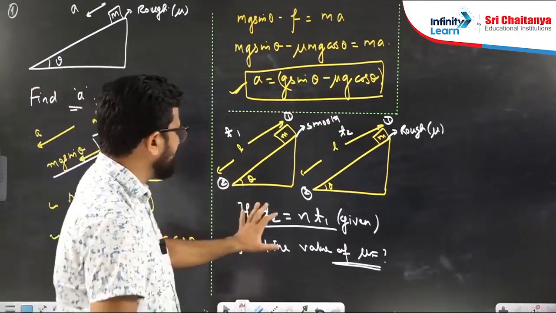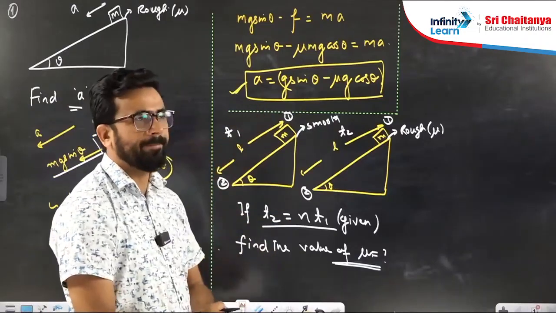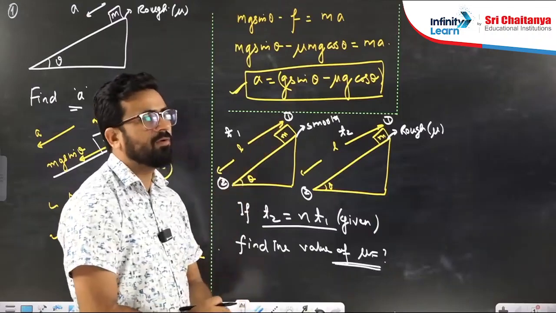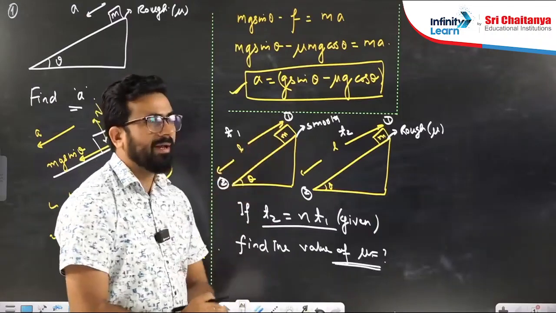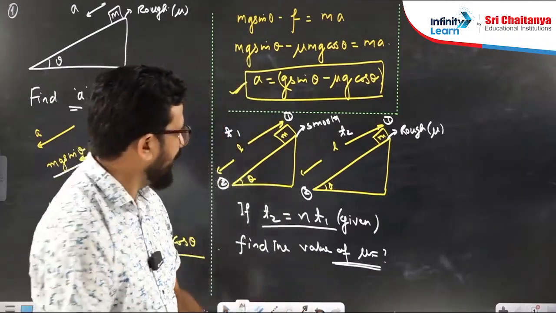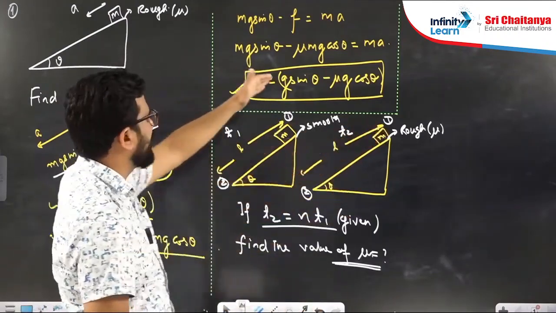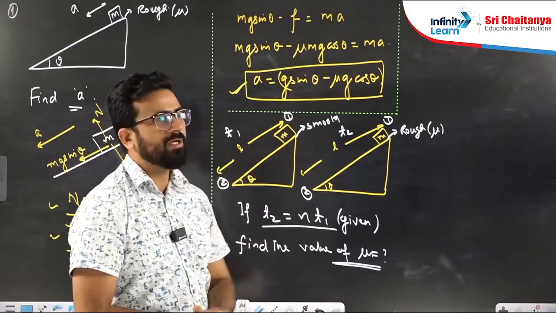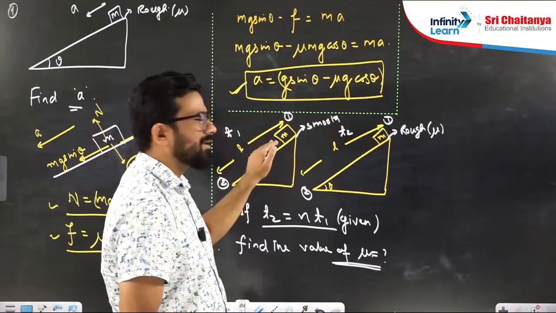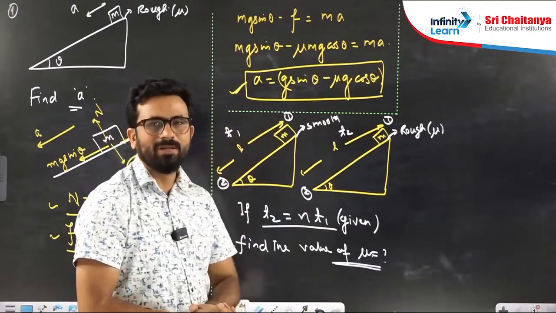Very first thing, how to calculate the time t1? We already know the length, and on a smooth surface the acceleration, as I told you in the previous class, is g sin theta. On the rough surface we just calculated the acceleration is g sin theta minus mu g cos theta. So we know the acceleration and the length, that is the displacement.